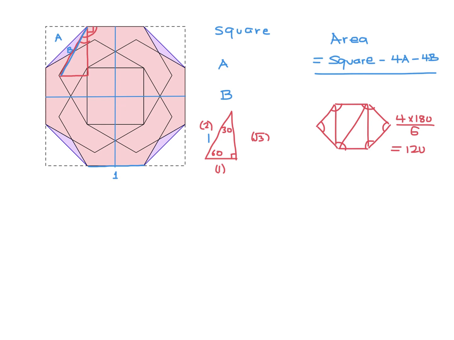So this side would be a half, and this side would be root 3 over 2. So that means from here to here is root 3 over 2. And by the same logic, from here to here is also root 3 over 2. It would be the same sort of triangle and the same sort of story. So that means that all the way from here to here is going to be root 3 over 2 plus root 3 over 2. So that whole thing right there is root 3.